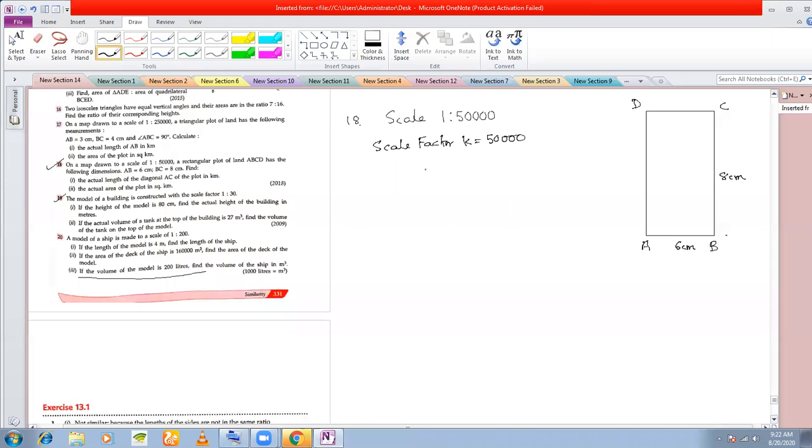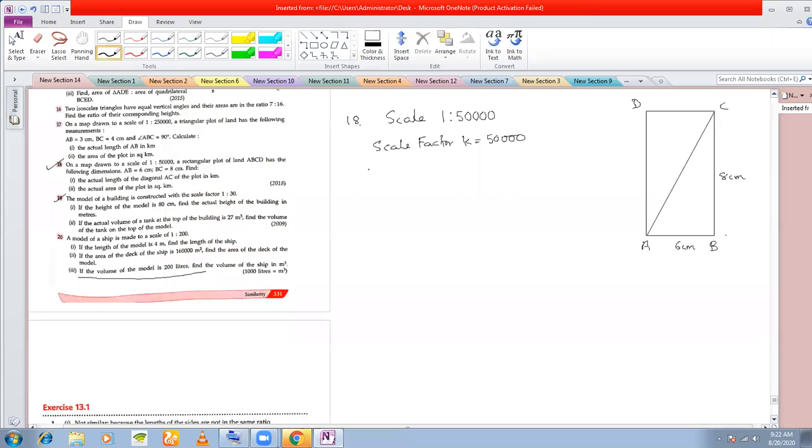The question is, find the actual length of the diagonal AC. You have this diagonal, whose length you have to find out. How do you find the length of this diagonal? We first use Pythagoras theorem in the model only.